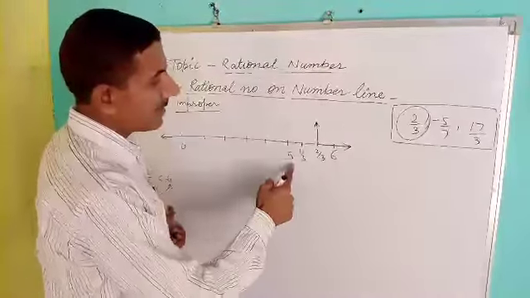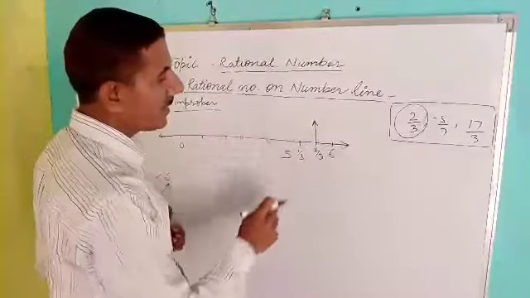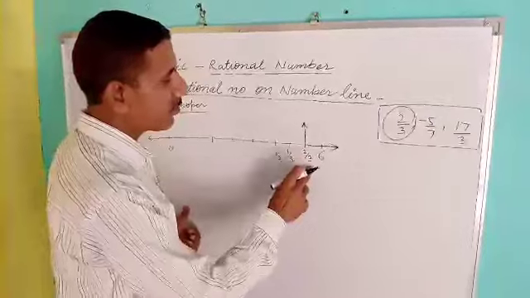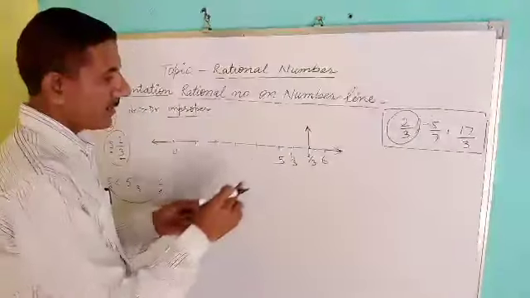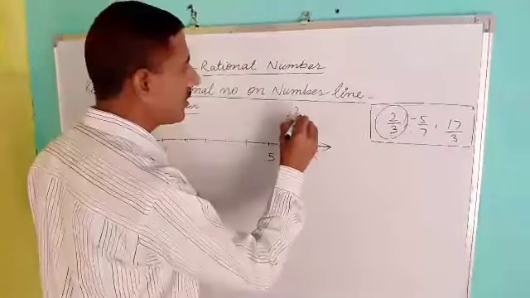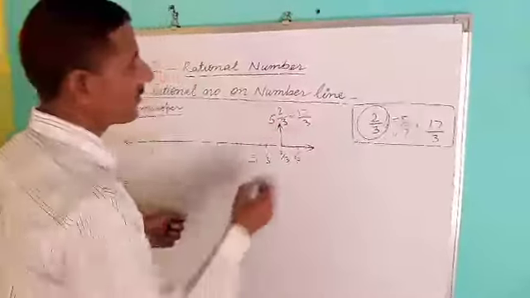So divide the distance between 5 and 6 into 3 parts, 1, 2 and 3. Write on the first part 1 by 3, on the second part 2 upon 3. Similarly, this sign denotes the number 17 upon 3.